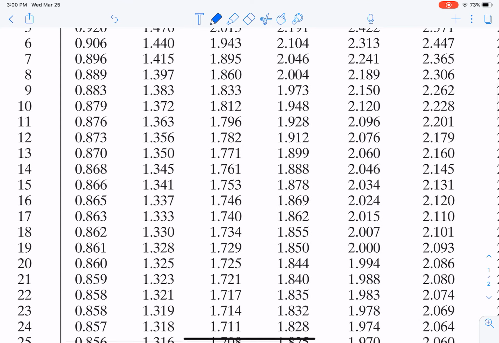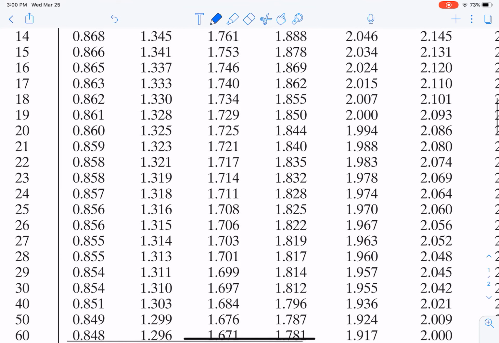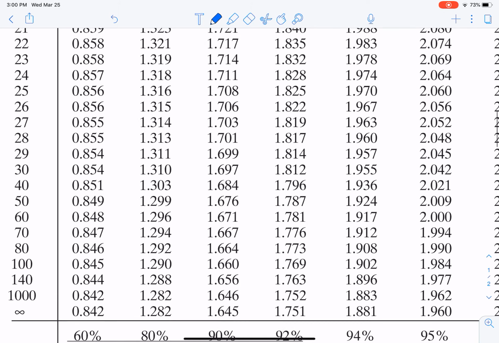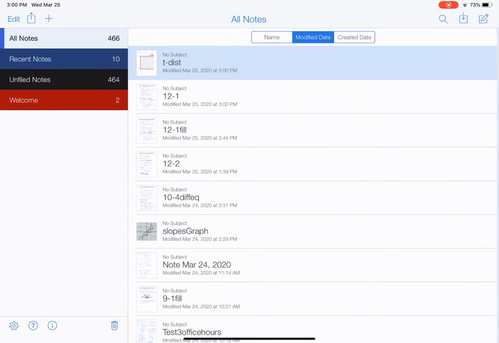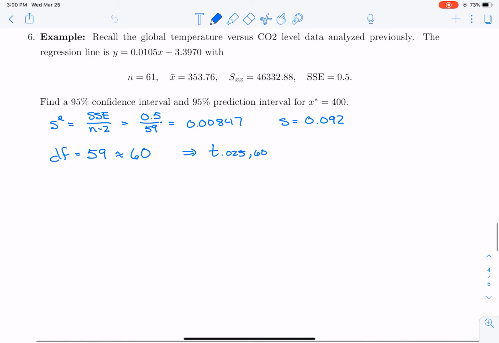I'm going to move down the chart to where it says 60. Notice that's in the column with the 95% confidence interval, and notice that it's 2.000. So my t for 0.025 in 60 degrees of freedom is going to be 2.00.